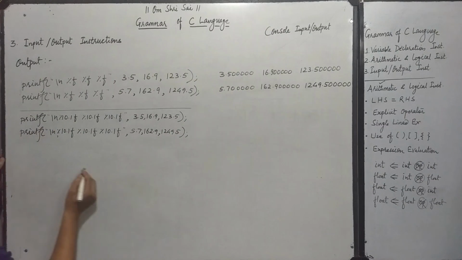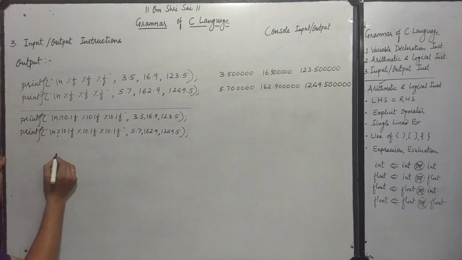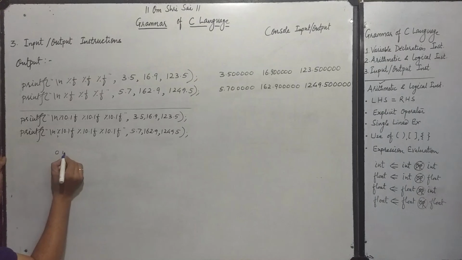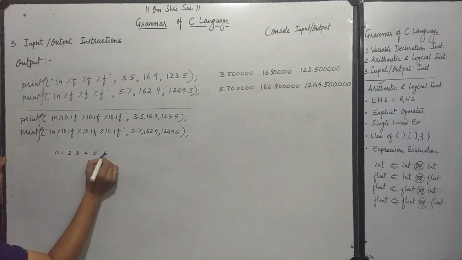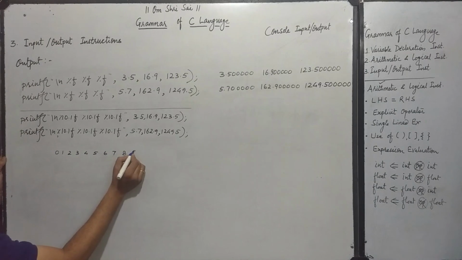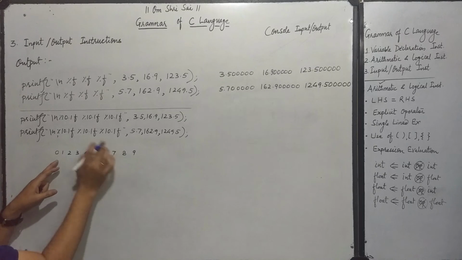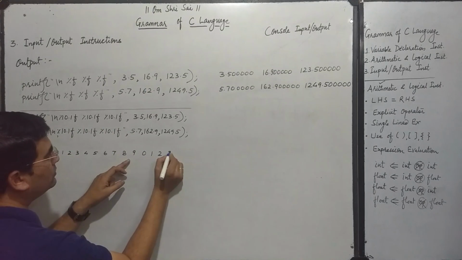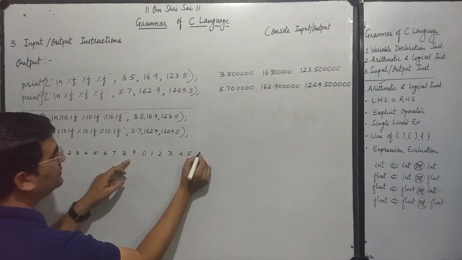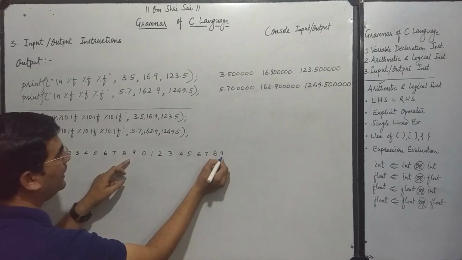देखते हैं कैसे. मैं यहां पर इसको ड्रॉ करता हूं. Let's say 0, 1, 2, 3, 4, 5, 6, 7, 8, 9. This is 10 places. Again 10 places. 0, 1, 2, 3, 4, 5, 6, 7, 8, 9.